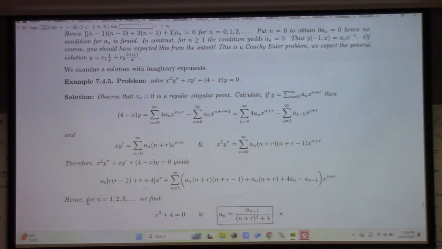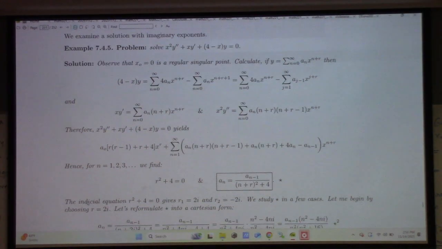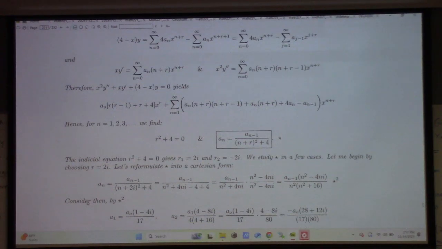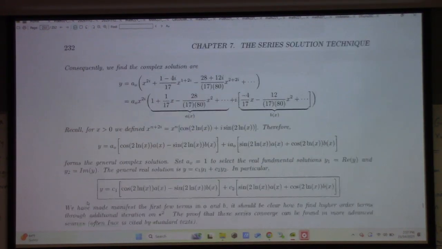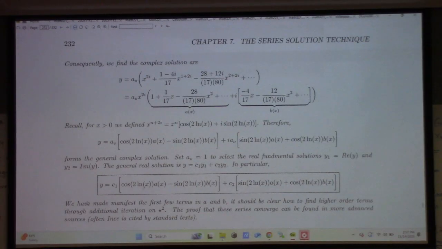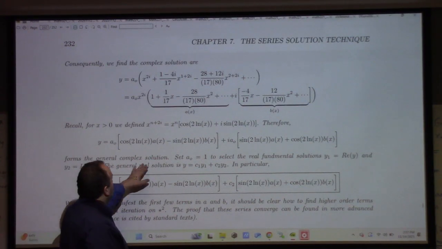This one, we have imaginary indices. So you get complex recurrence relations. And I don't have a full power series answer for one of these. This is the best I have at the moment.